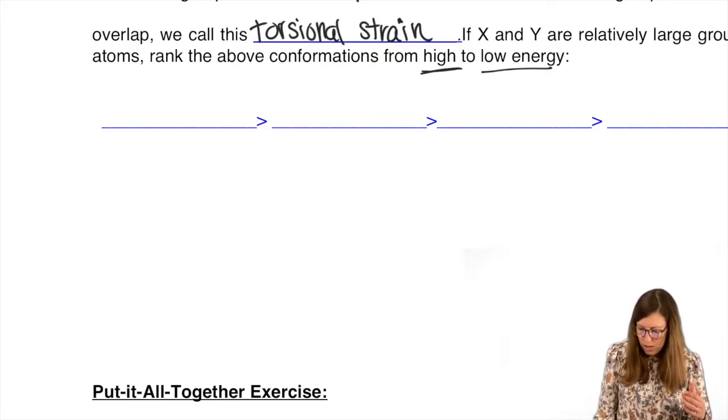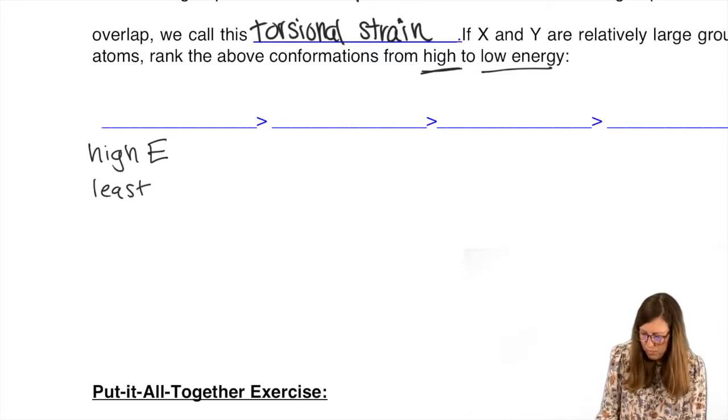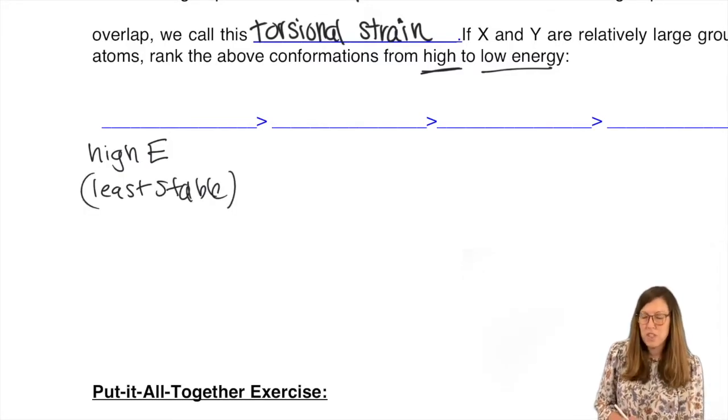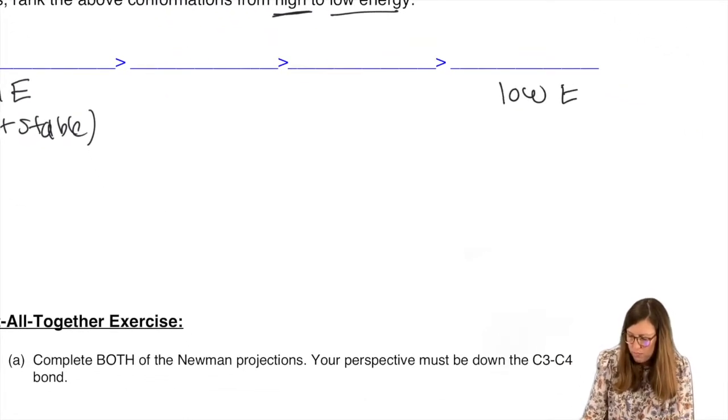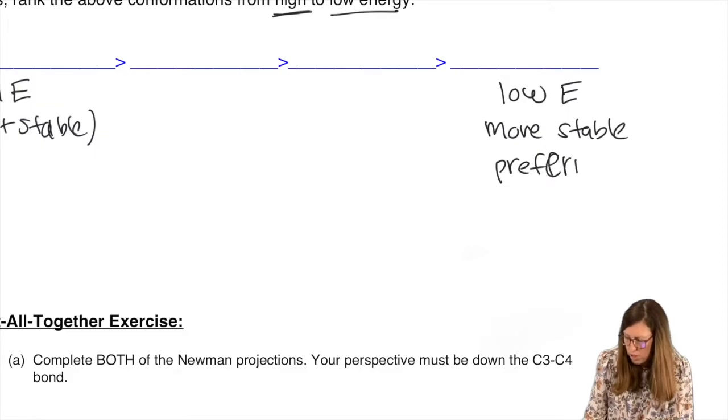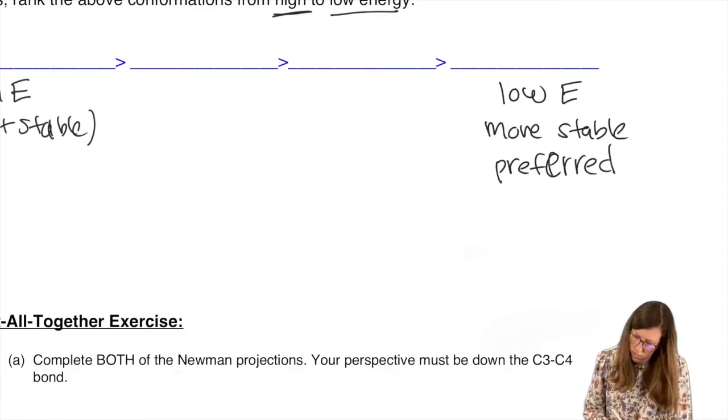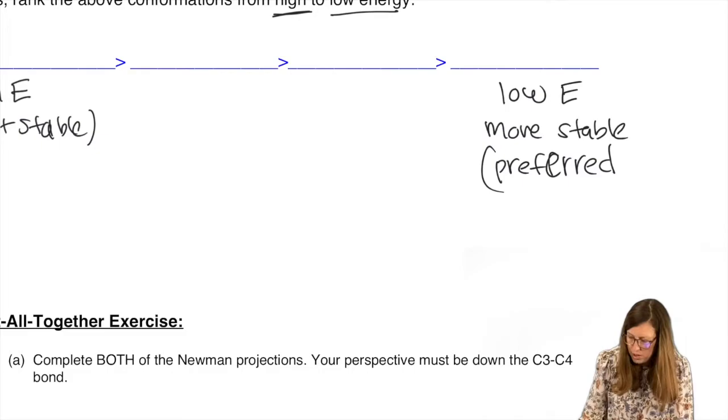So in other words, less stable here, high energy, that means least stable, not preferred, right? And then we'll put the low energy down here. So that means more stable. And that's preferred. Preferred. That looks like a bad spelling, but I think that's right.